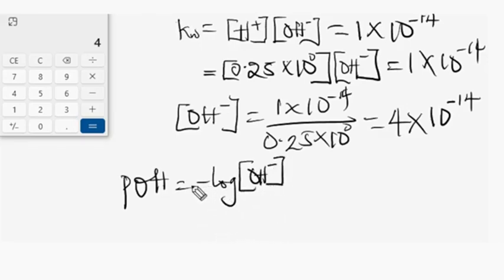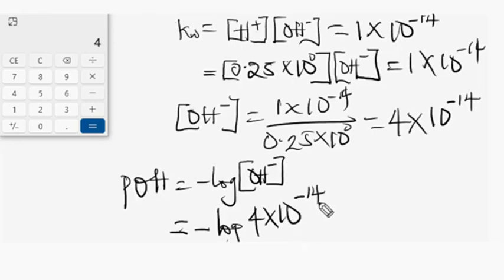So guys, since we've gotten this, we are going to simply do the negative logarithm of 4 times 10 to the power of negative 14. Remember what I told you about getting the logarithm of a number this way without having to use your calculator. 10 to the power of negative 14 here.